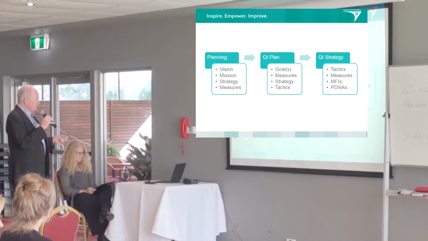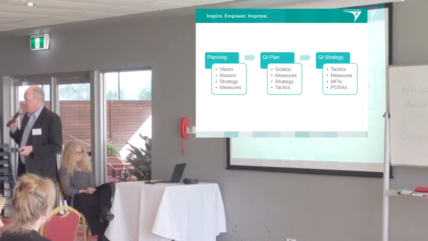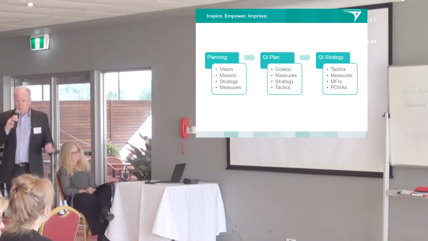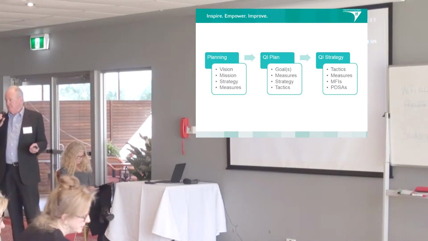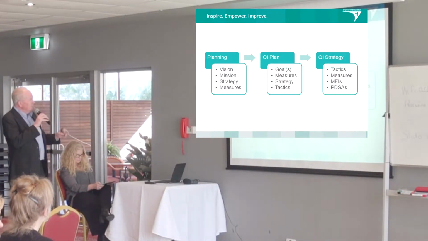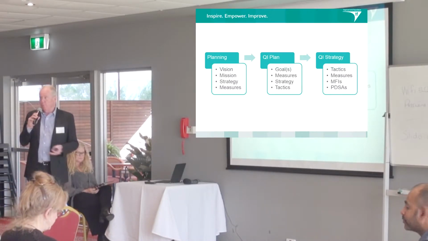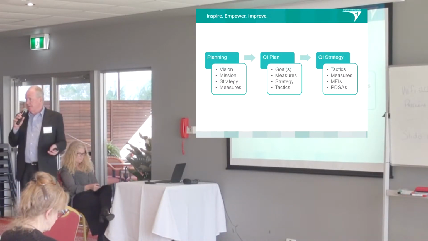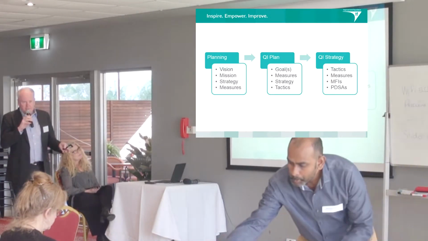So we know that we can make some changes to the system, and to do that we certainly recommend you have a quality plan in place. Now, most organisations will have some sort of a strategic plan or a business plan, or both, where the strategic plan is very much multi-year, business plans are generally annually.